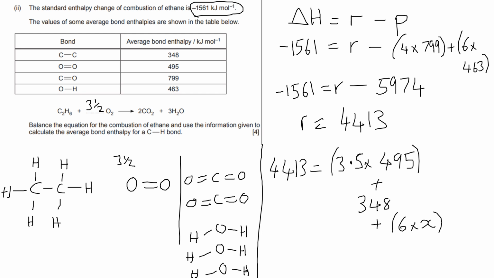And what we end up with is 6 times X equals 2332.5, and therefore X is this number divided by 6, and it comes out as 389 kilojoules per mole.